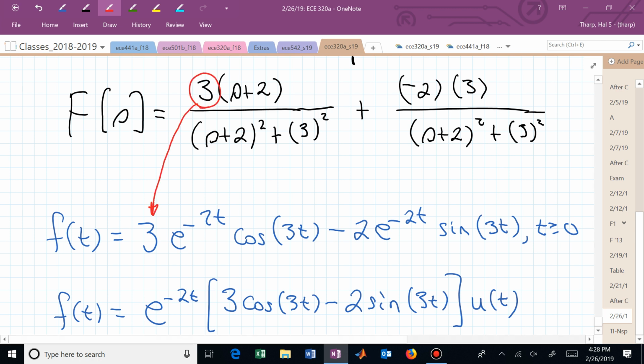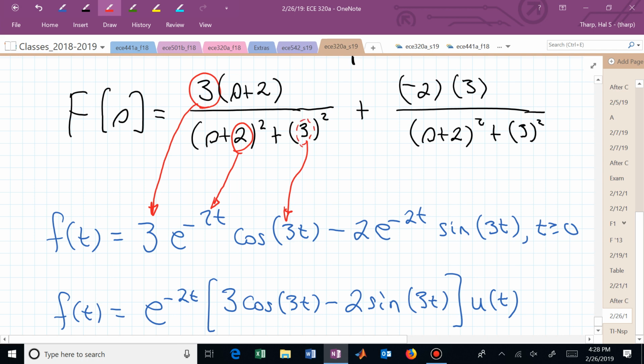There's where the 3 came from. Where did the minus 2 come from? That's there, right? Where did the 3 in the argument of the cosine come from? Right there. That's this 3.